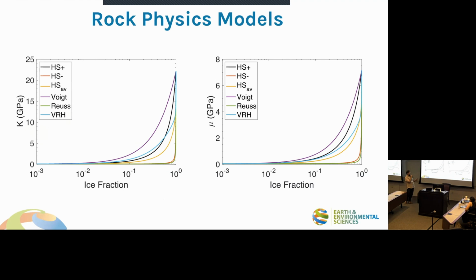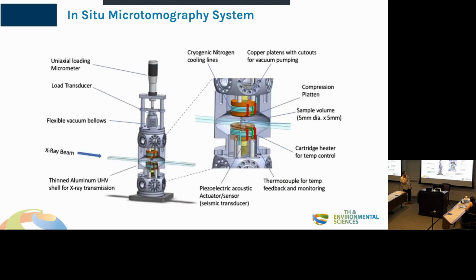Here is a compilation of a number of these different rock physics models using dry and ice-filled regolith as end members. As you can see, if we want to understand the difference between 1% and 90% of ice in the pore space, we need to really understand what the microstructure of those icy deposits and the associated regolith is.